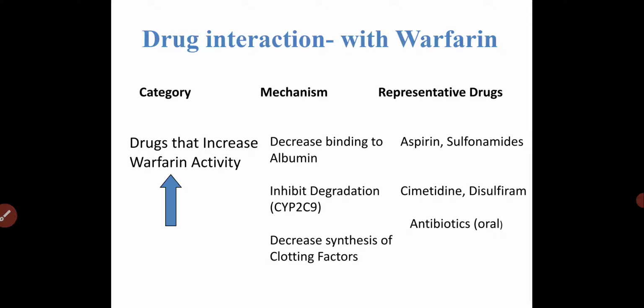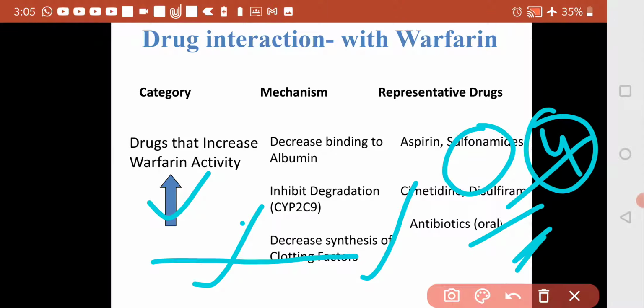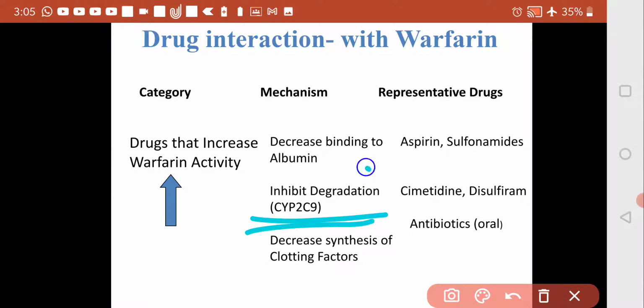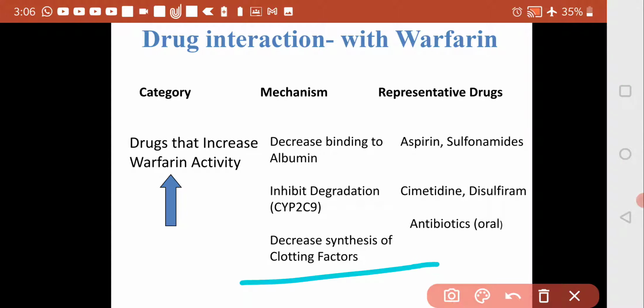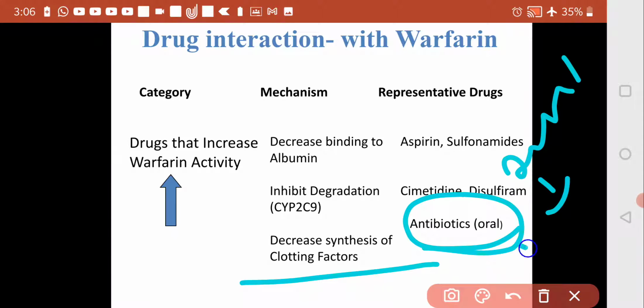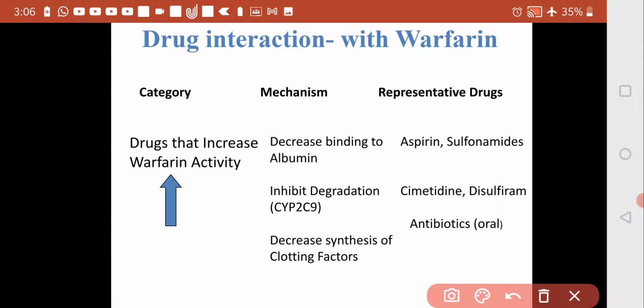If we inhibit the metabolism, like CYP2C9, with cimetidine and other drugs, then there is an increase in warfarin activity. If we decrease the clotting factor, like when we give antibiotics, the intestinal flora is inhibited, so there is no vitamin K synthesis, and again warfarin activity increases.